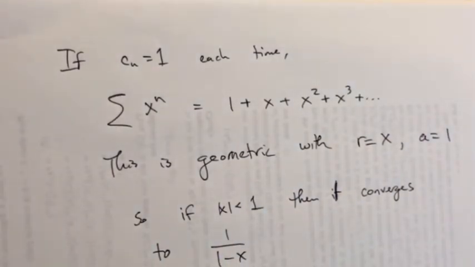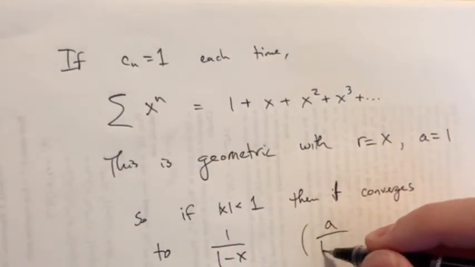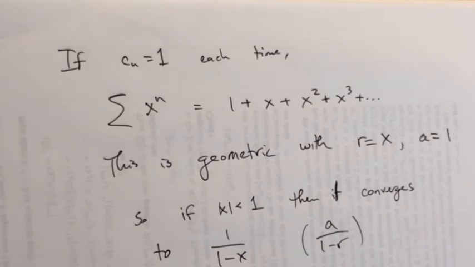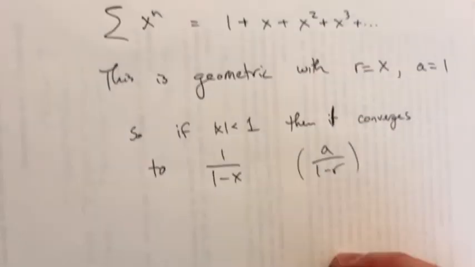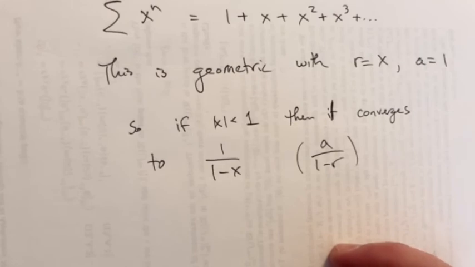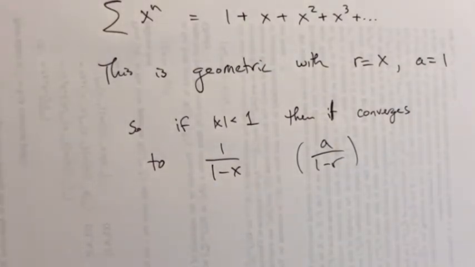That's the old formula, a over 1 minus r, right? But in this particular example, a is 1 and r is x. If x is less than 1 in absolute value, then it converges to 1 over 1 minus x.